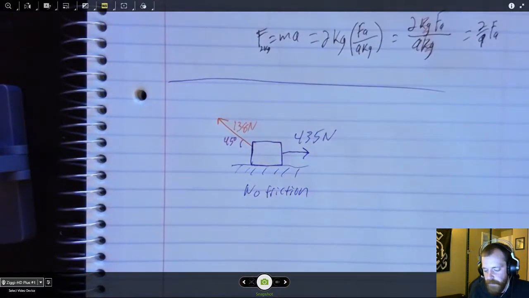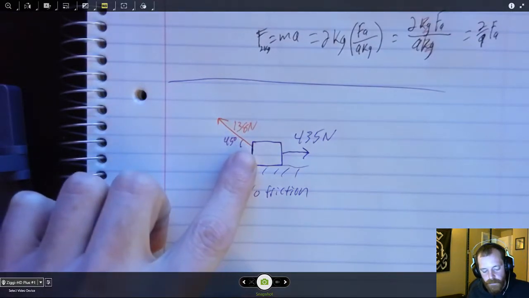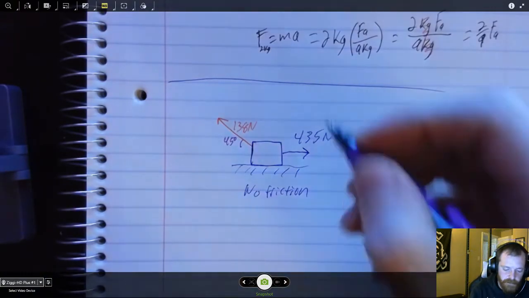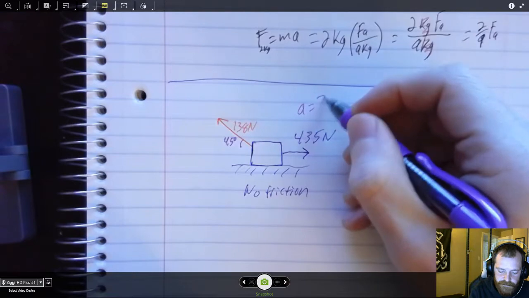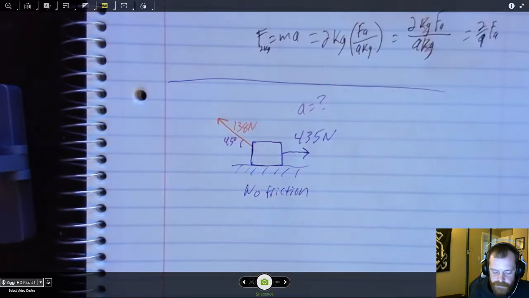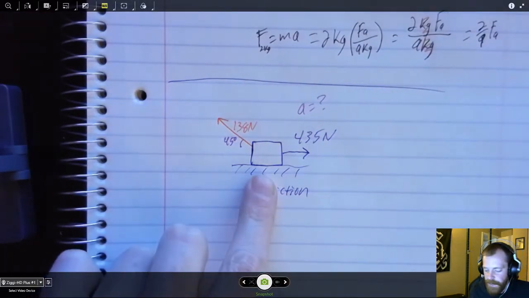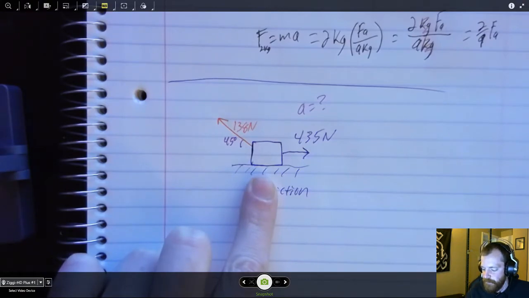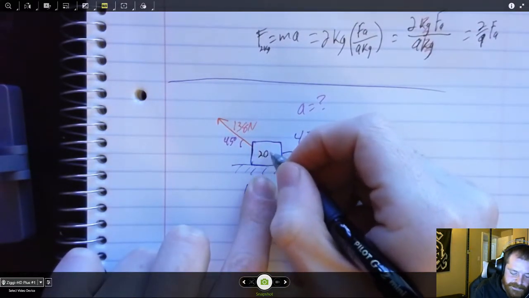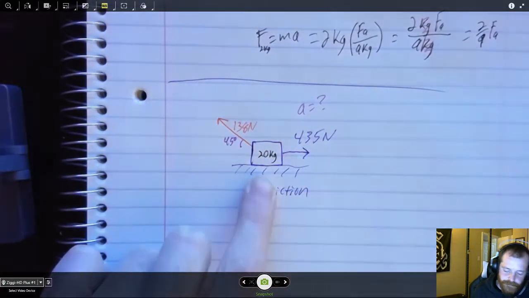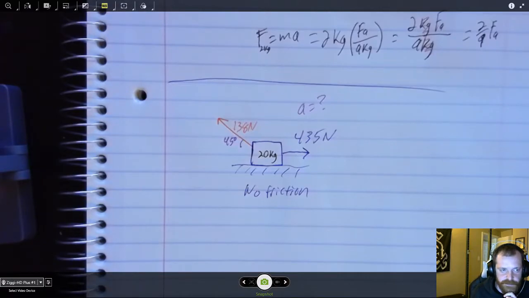What's the acceleration of this block? Oh, and let's give it a mass. It's a really heavy block of ice. Let's say it's got a mass of 20 kilograms.